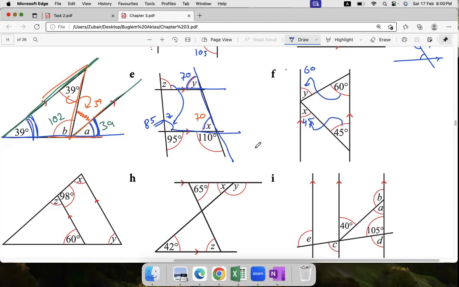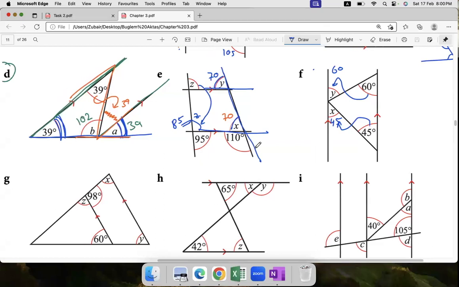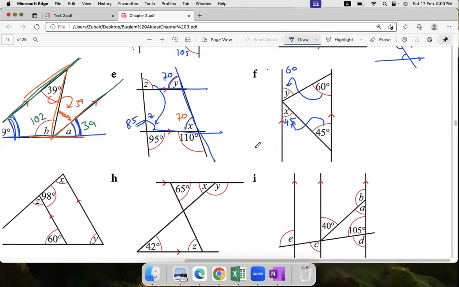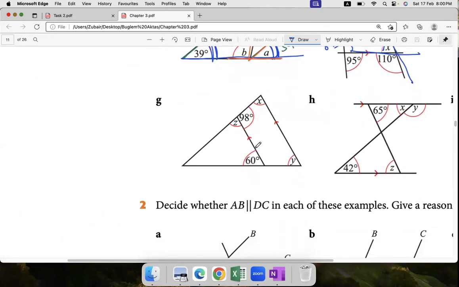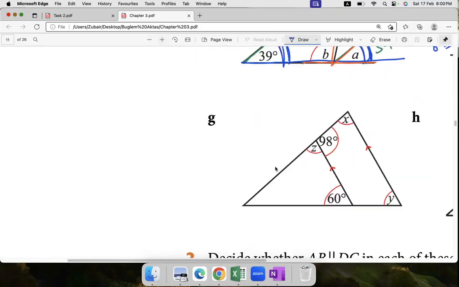Yeah, and then the G. Try G. Well, Z is 60. I don't think so. It's not parallel. So no. What about Y?